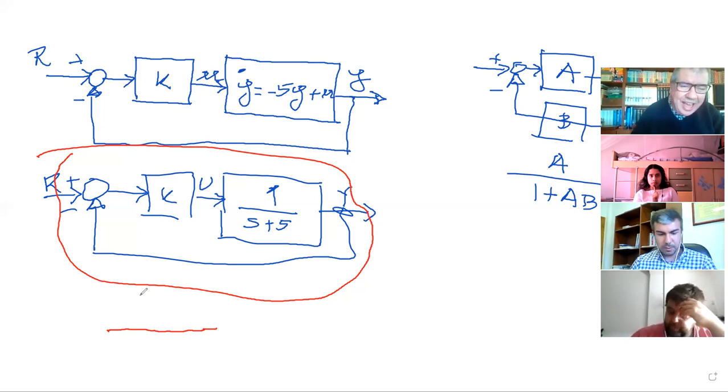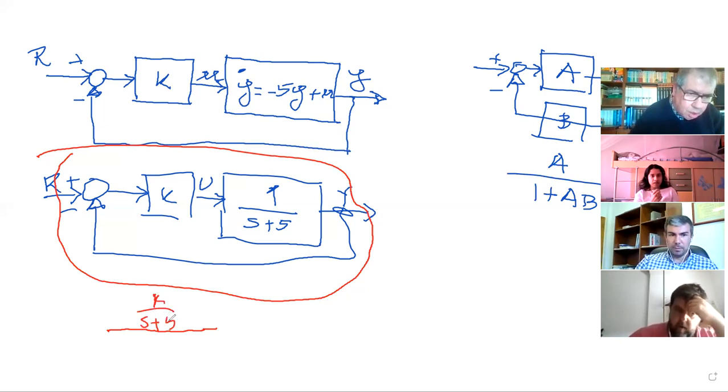So what is A here and what is B? A is K divided by s plus 5, and B is 1.